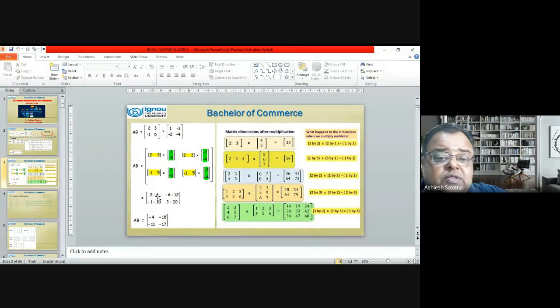Okay, so this is 2 minus 6. Then this row and this column: 2 into minus 3 plus 3 into minus 4. Third one is this row, this column. Then this row, this column. That means you have to remember the order.